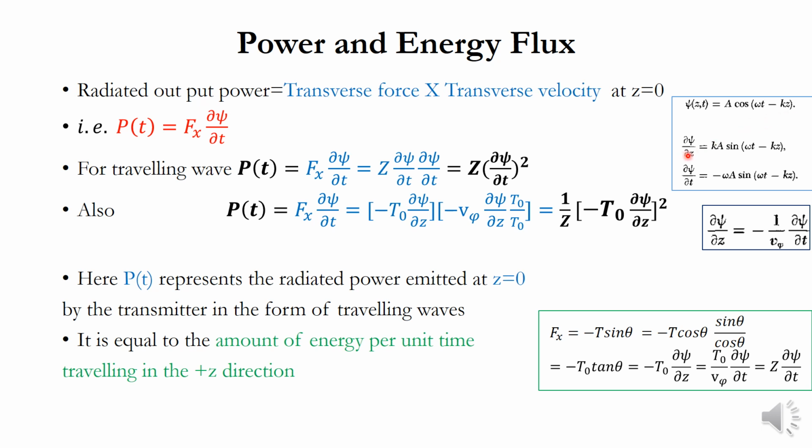So dou psi by dou z, this is the partial differentiation, assuming z as the variable and all the other quantities as constants, becomes ka into sin omega t minus kz. And dou psi by dou t becomes minus omega a sin omega t minus kz.